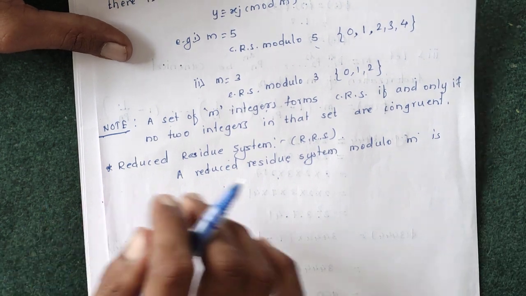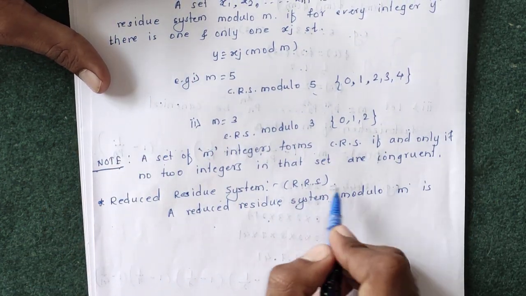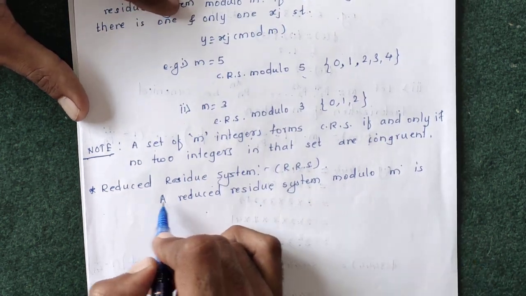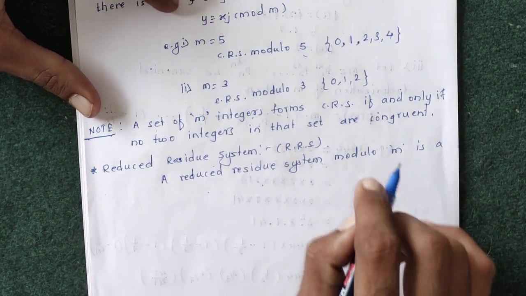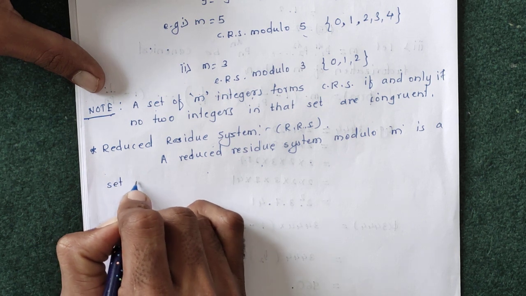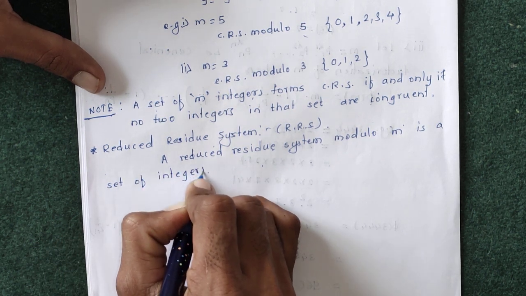Similarly to a complete residue system, a reduced residue system is again a set of integers.